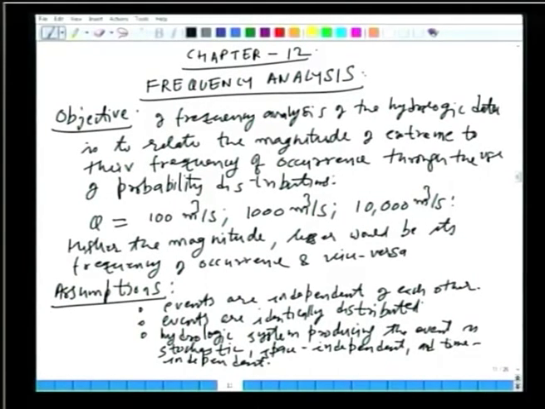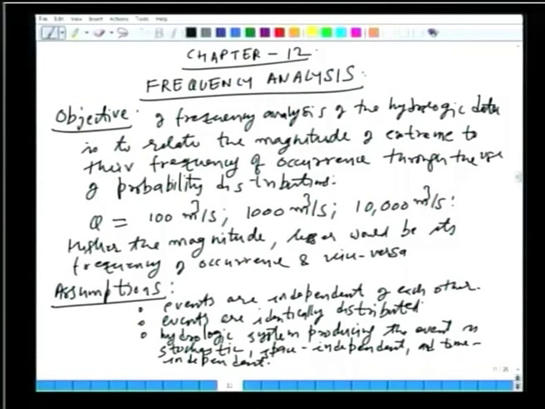This one is a crucial assumption actually, because we know that this assumption will be violated more often than not. Because the hydrologic system, we know there are deterministic and conceptual models also available, but because the complexity is such that we are not able to understand it, we can assume that it is stochastic. Also we are saying that these events are spatially uncorrelated and also uncorrelated with respect to time, which again we know is not the case. But we carry out the frequency analysis under these assumptions. Okay. So, let us move on.